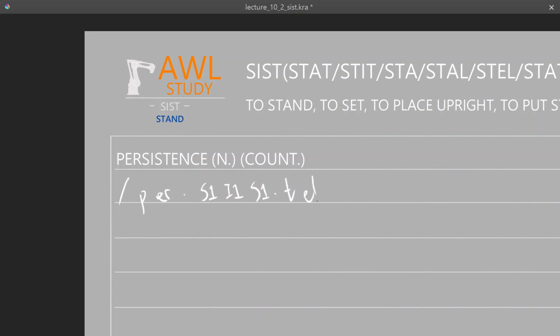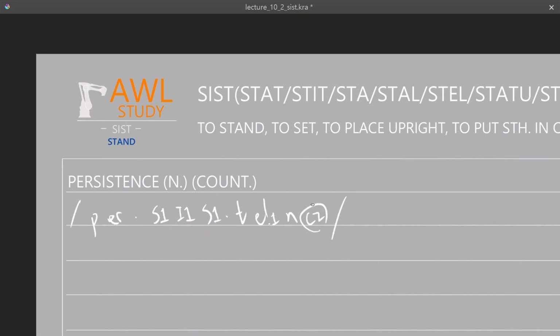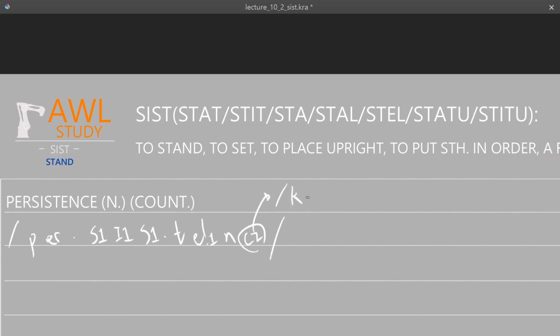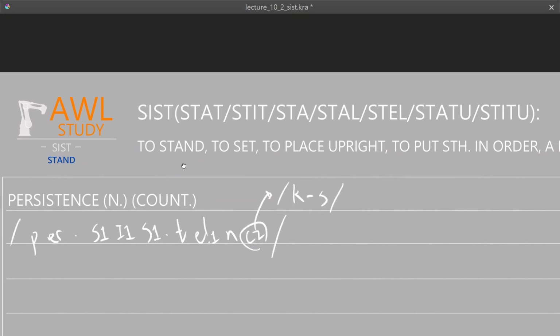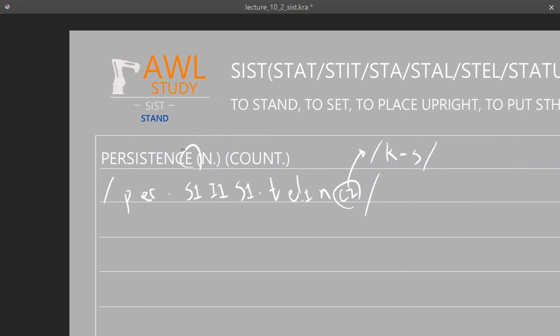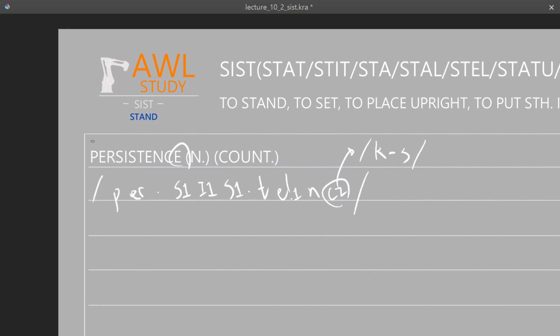Remember, that's the second sound of C. So C says S when C is followed by E, I, or Y.